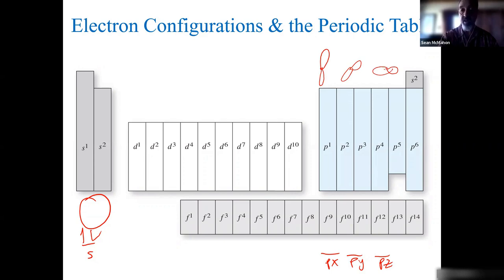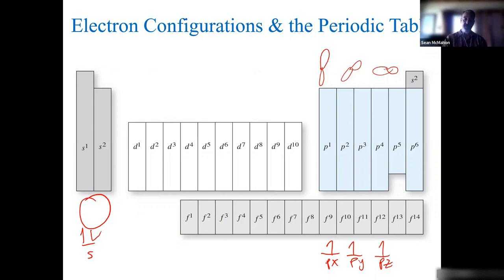And we'll learn that we're going to be filling this up. According to Hund's rule, you first put an electron in an empty orbital in the same sublevel, because you want to minimize repulsion.